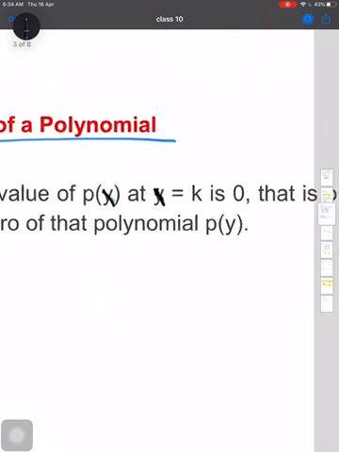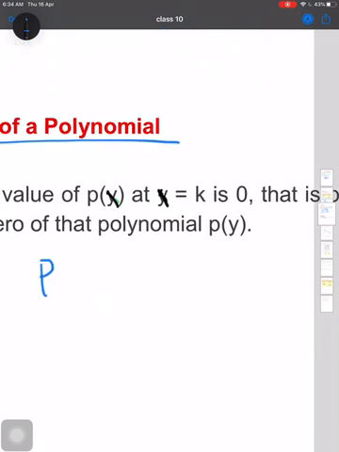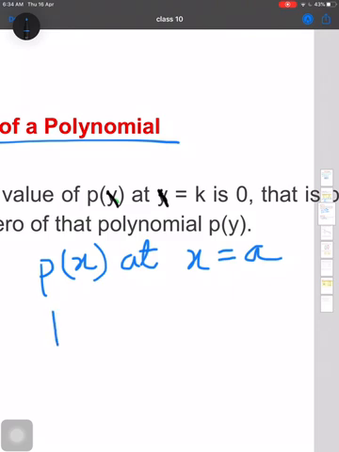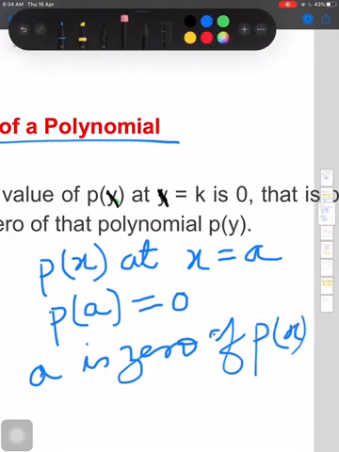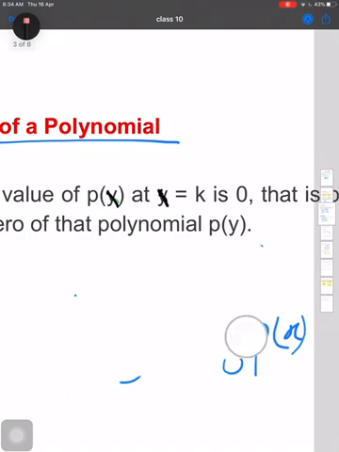Now the next one is zero of a polynomial. What is zero of a polynomial? If p(x) is something and p(x) at any particular value x equals to a is coming out 0, that means we will say that a is the zero of p(x). Then we will say that a is the zero of the polynomial. Now I'm giving you one example.